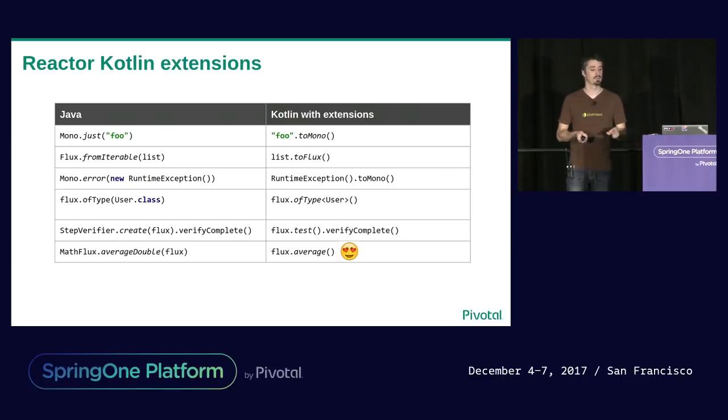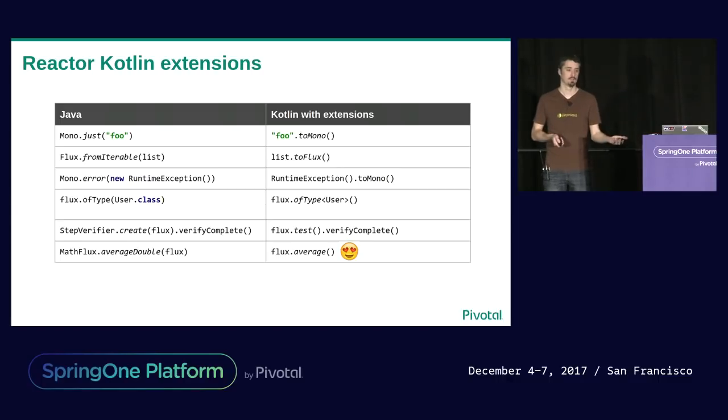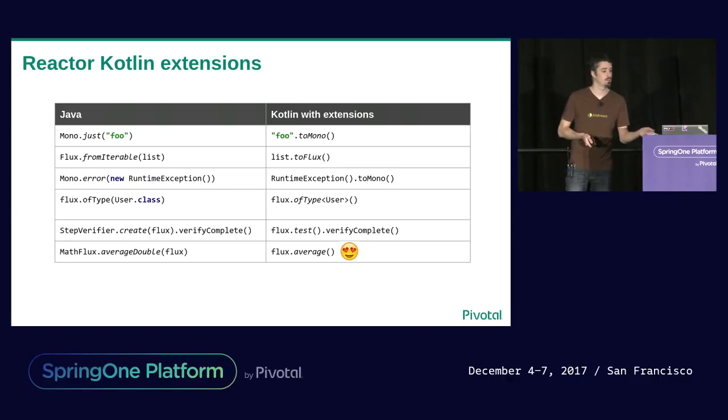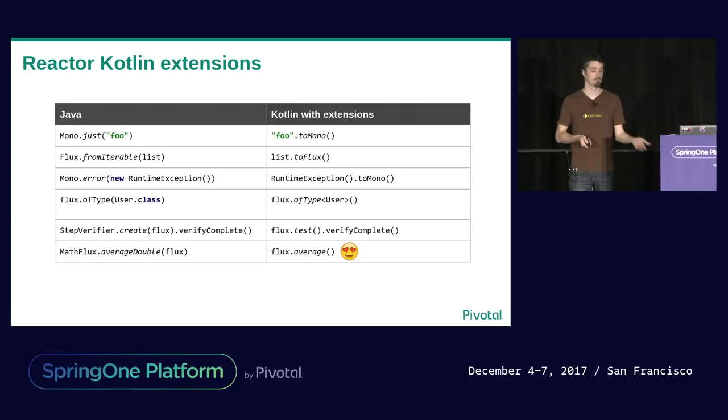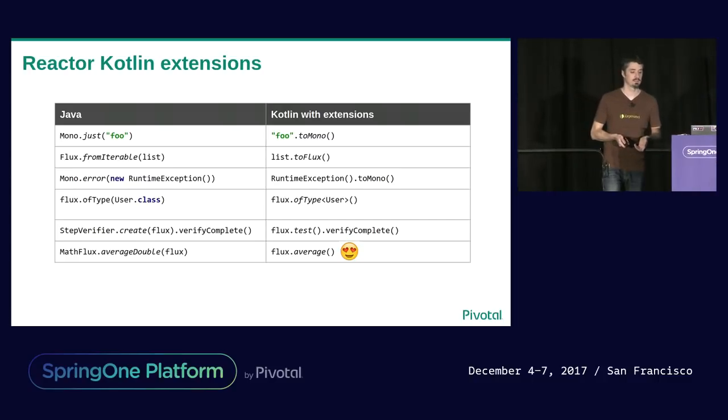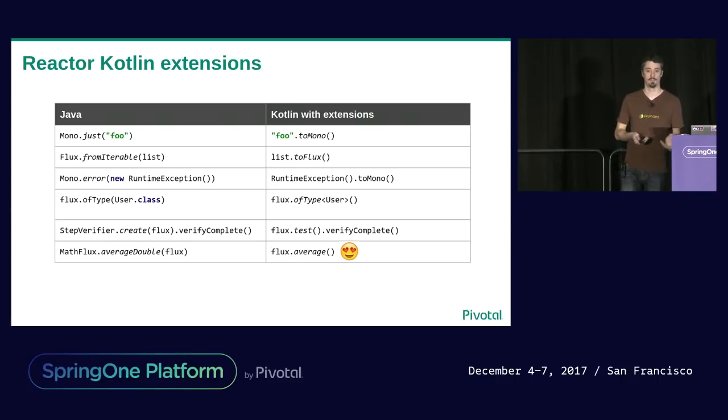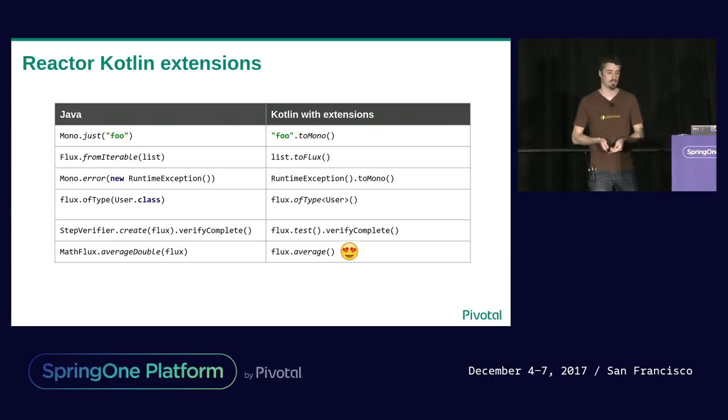There is a toMono extension that applies to any object and allows you to transform it to a Mono with this kind of syntax. We have the same for Flux. In Reactor, there are methods to transform an iterable to a Flux, and we use the Flux.fromIterable static method. In Kotlin, with the extension that we provide, you can write list.toFlux, and it's maybe nicer looking and more readable.